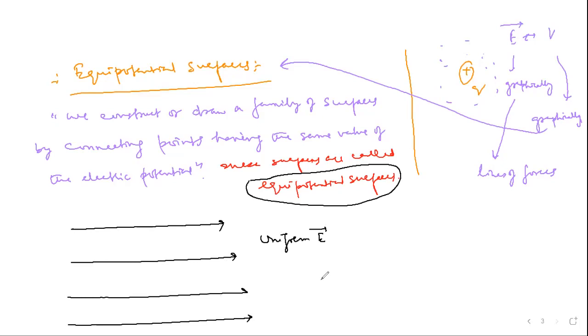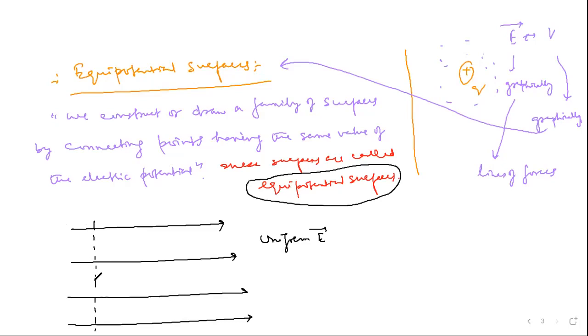So, for example, this is in 3 dimensions, and this figure is showing the cross section of that figure with the plane of the board. So if you take, for example, this line perpendicular to the electric lines of force, I can show you that at all points on this line, potential is same.